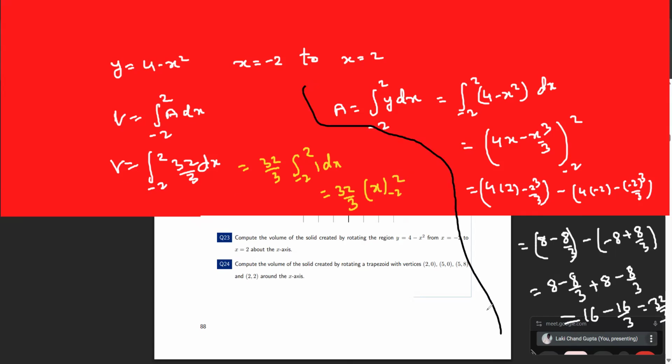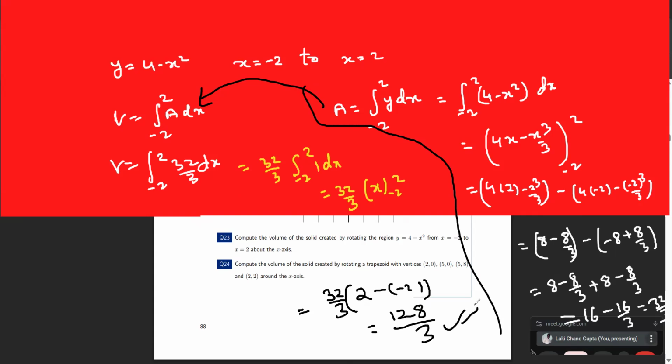First we find the area, and after finding the area, put here the value of area. 2 minus minus 2 is 4. 4 into 32 is what? 128 over 3. So the final answer is 128 over 3.